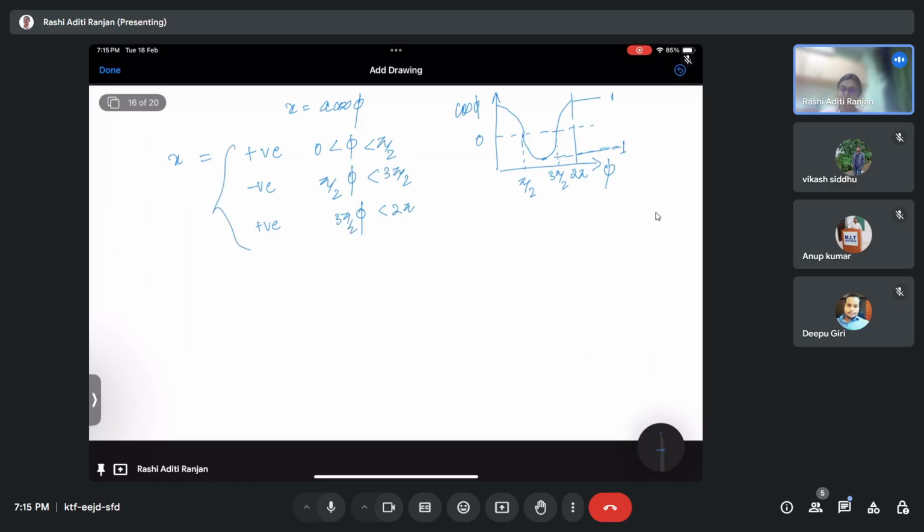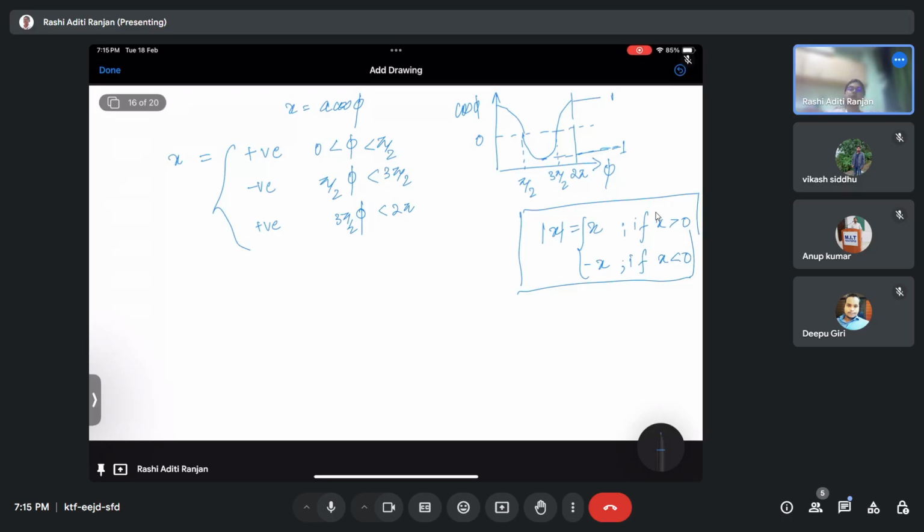This is how it is. For the modulus function, modulus of x is going to be x if x is greater than 0 and minus x if x is less than 0. This is how it is.